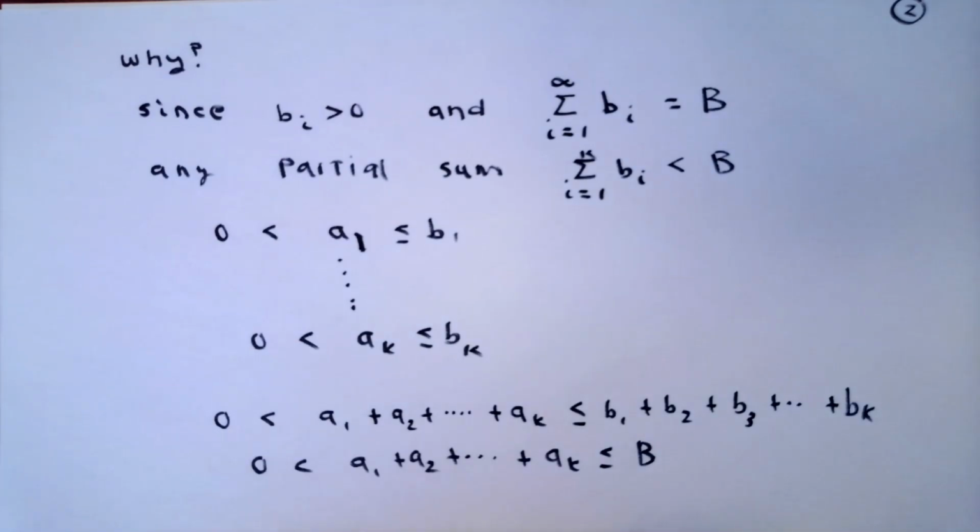This means that the sequence of partial sums for the a series is increasing and yet bounded at the same time, and an increasing bounded sequence converges. This proves the first statement that we were looking at. The second statement is logically equivalent to it.